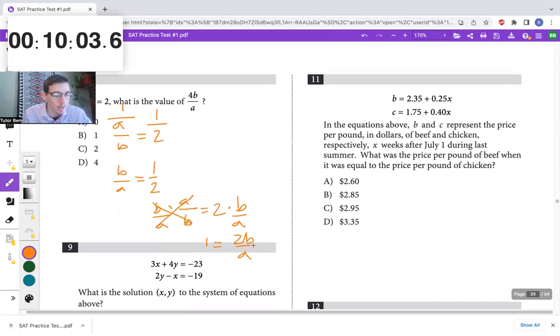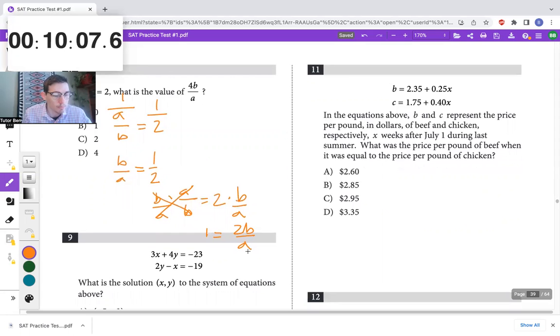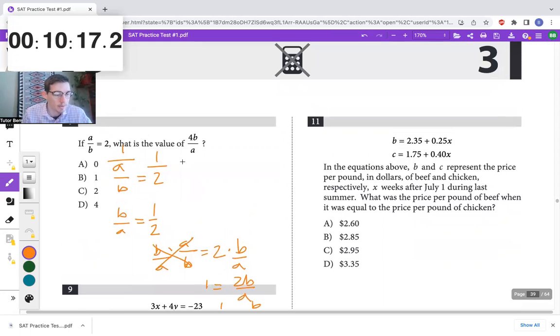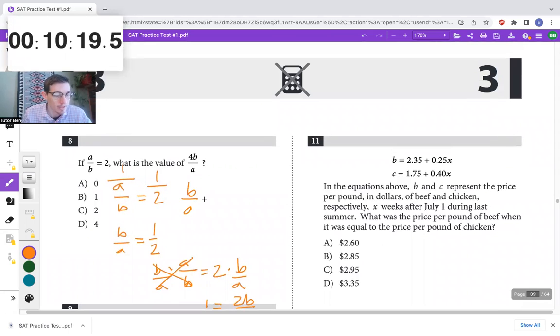And then if you just want to solve for b over a first, we can divide both sides by 2. We see that 1/2 equals b over a. So there's a few ways to get that b over a is equal to 1/2.